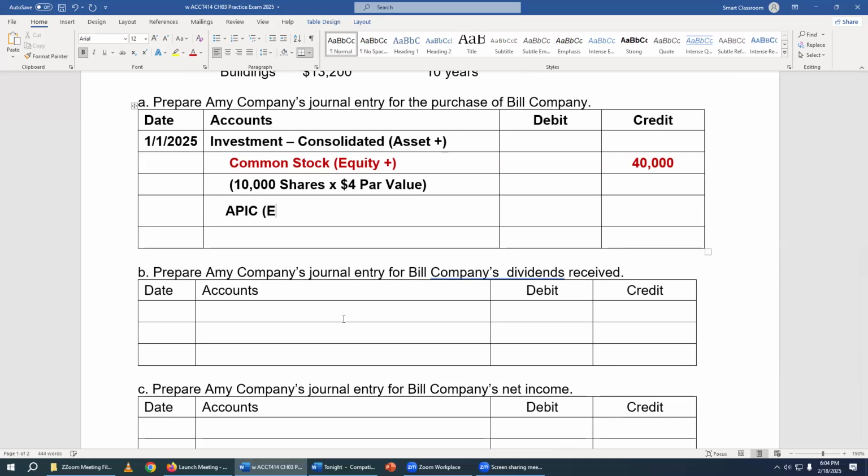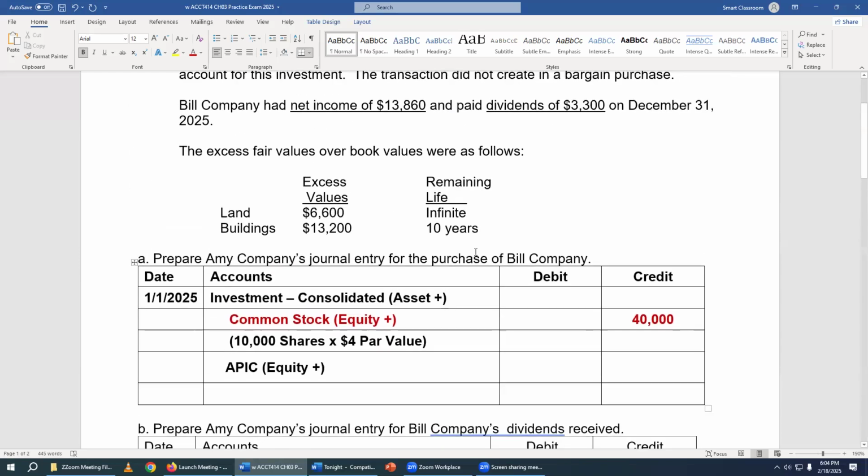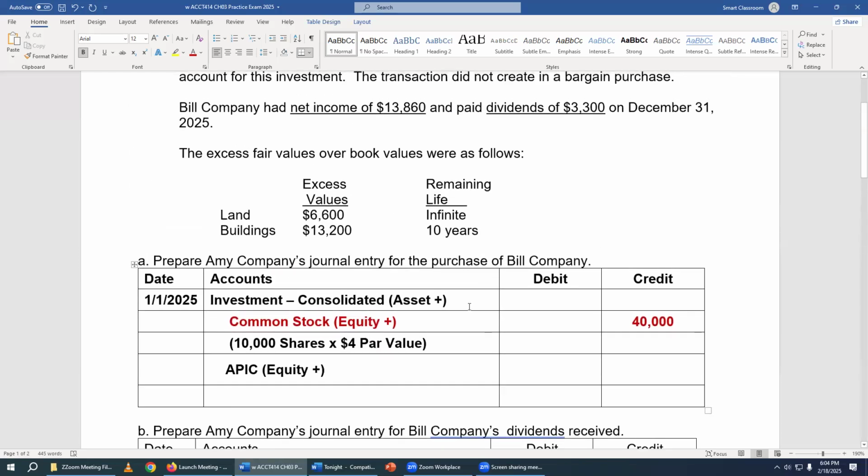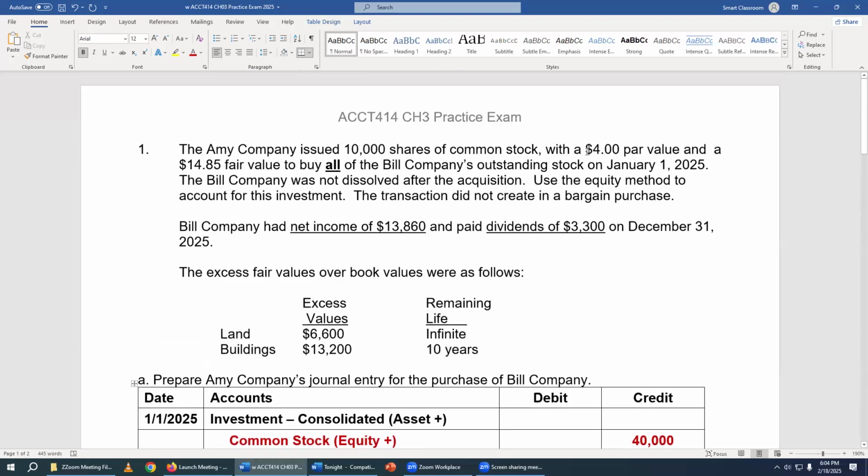Also an equity account going up. And it's gonna be the excess. So the excess over par, additional paid in capital over par. So 1485 minus 4 times 10,000.